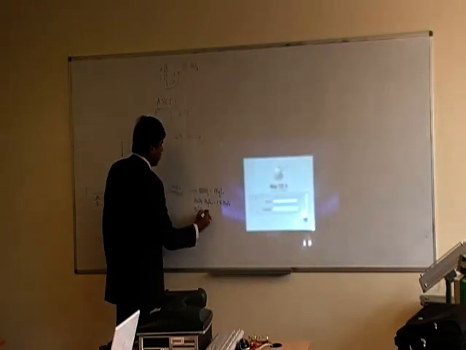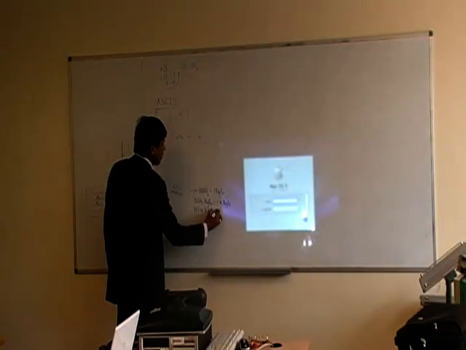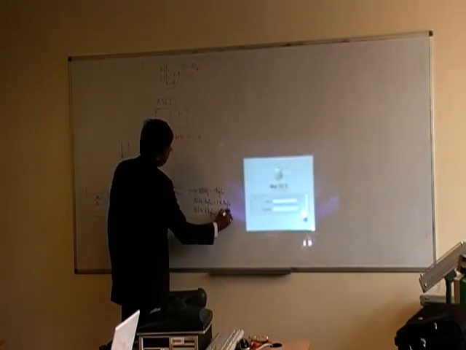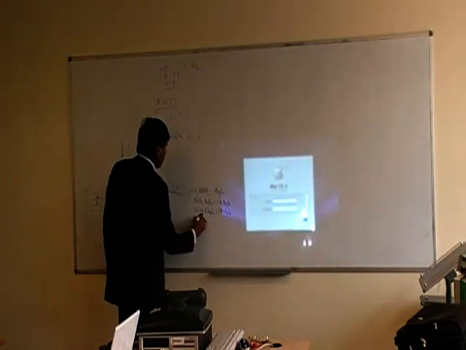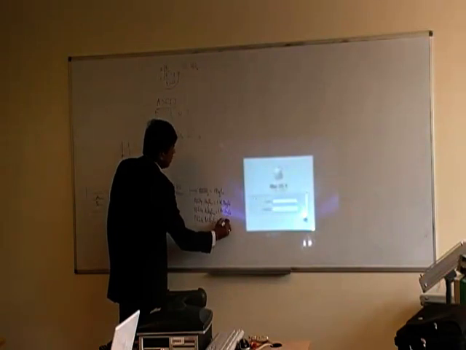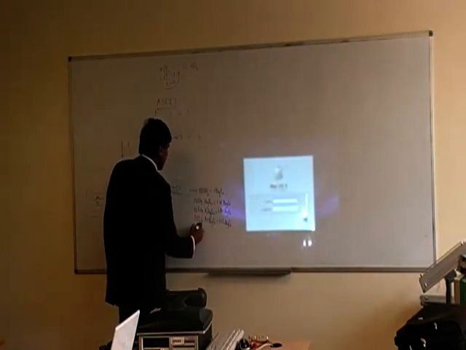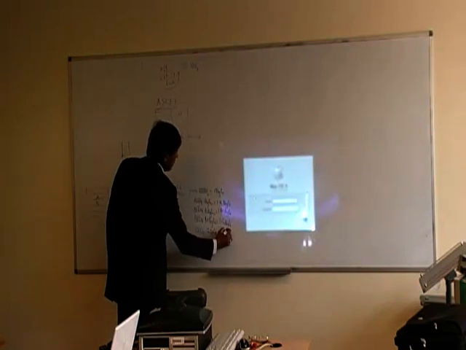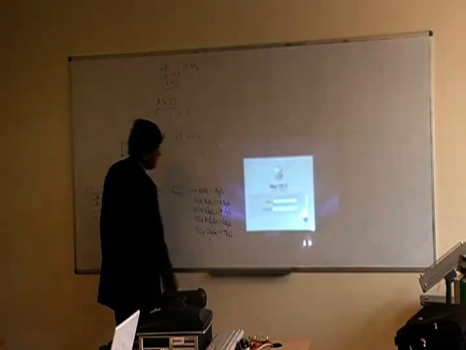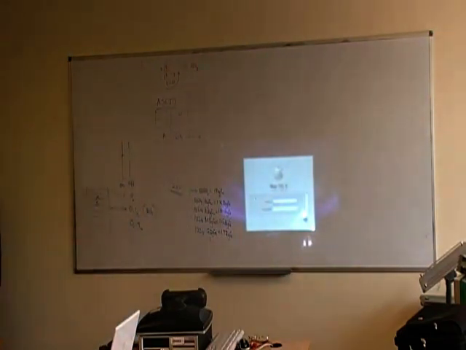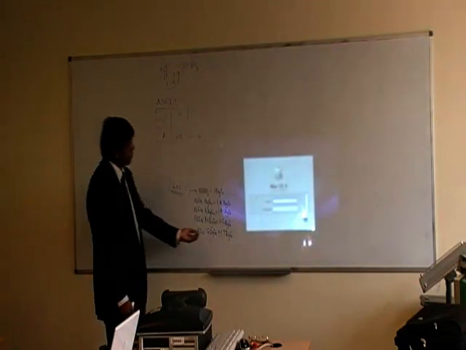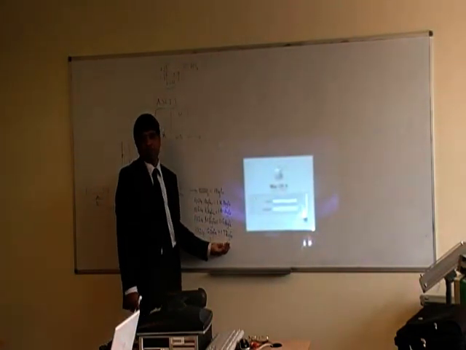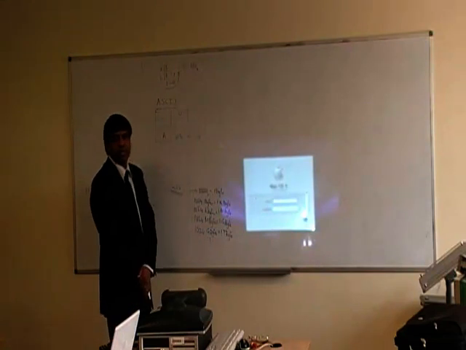Again, 1024 kilobytes equal 1 megabyte, 1024 megabytes equal 1 gigabyte, and 1024 gigabytes equal 1 terabyte. There are many other units as well, but a terabyte is a huge storage, so we can store a large amount of information.